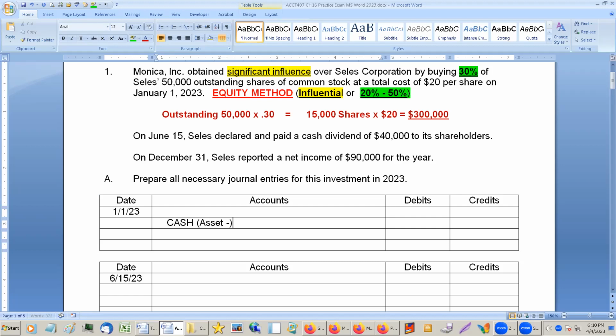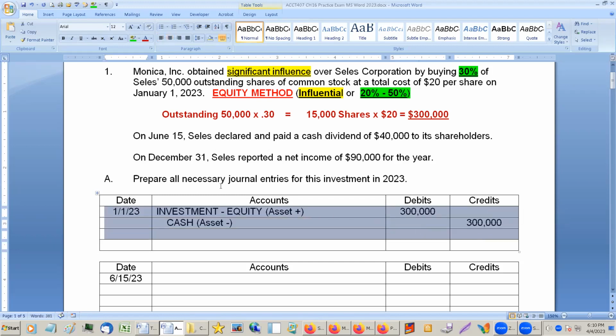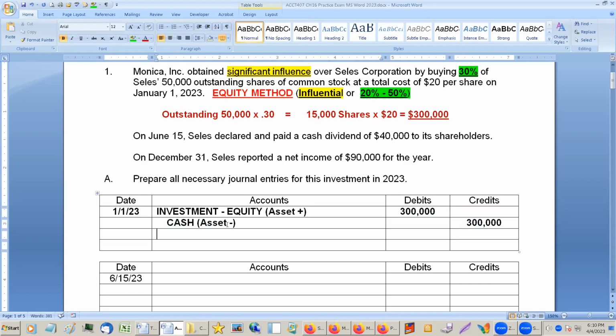And what's going to be on the other side? Investment equity. Yeah, we have investment, equities. And that's an asset going up. And one of the odd things about this method is that that investment account is going to be in all of these entries. Every single entry has this investment account in it.